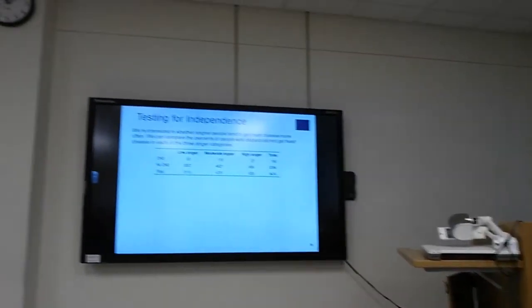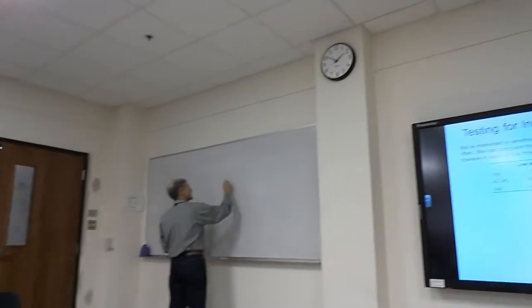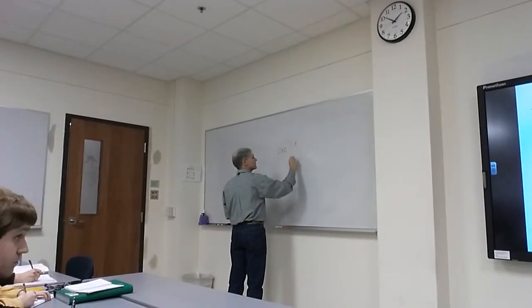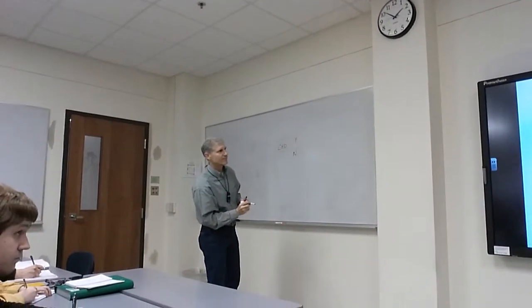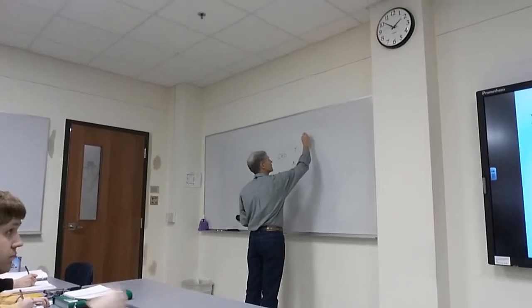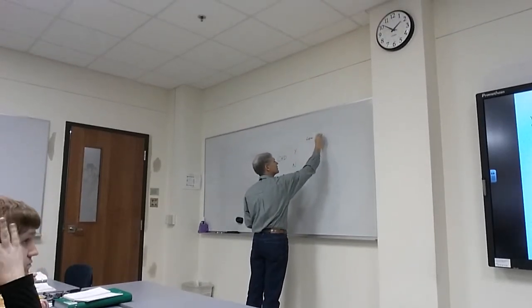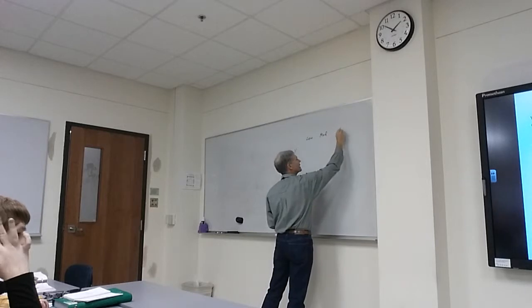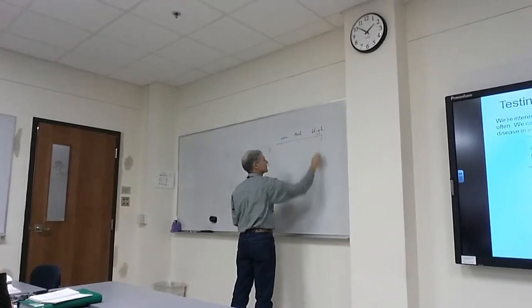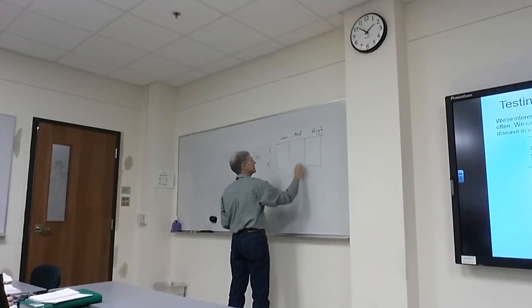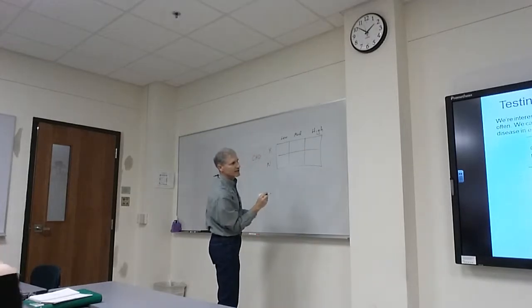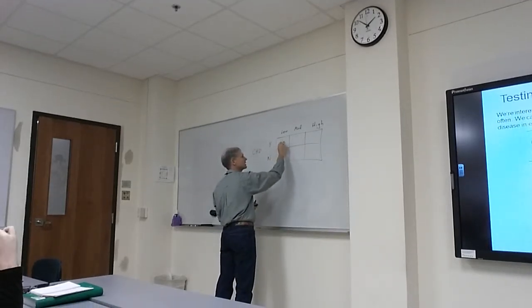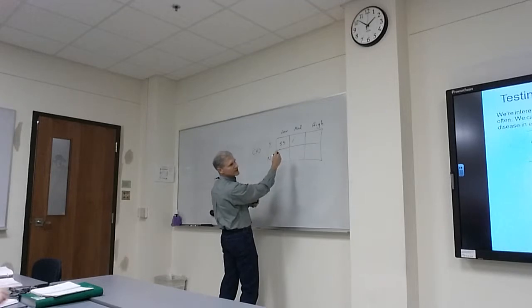So I've got CHD, yes, no, right? And then low, moderate, and high for anger. And read me the 53. 110. Is 110 over this way?